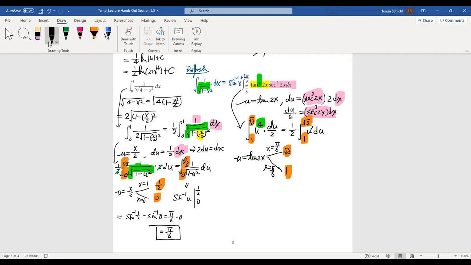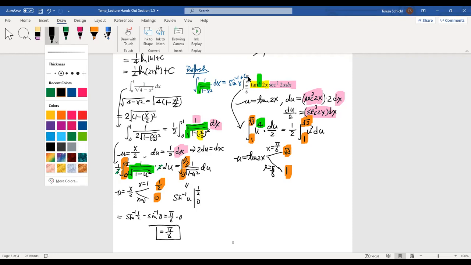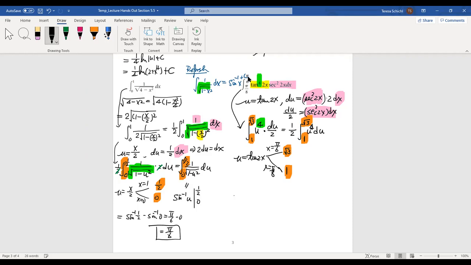Now we can start to do the integration. So this is u to the fourth, and the integral will be u to the fifth over 5, and then this one has a 2, so it's 5 times 2, which is 10, with the bounds 1 and square root of 3. Okay, so if you plug in, you will get the answer, which is 9 square root of 3 minus 1 over 10.